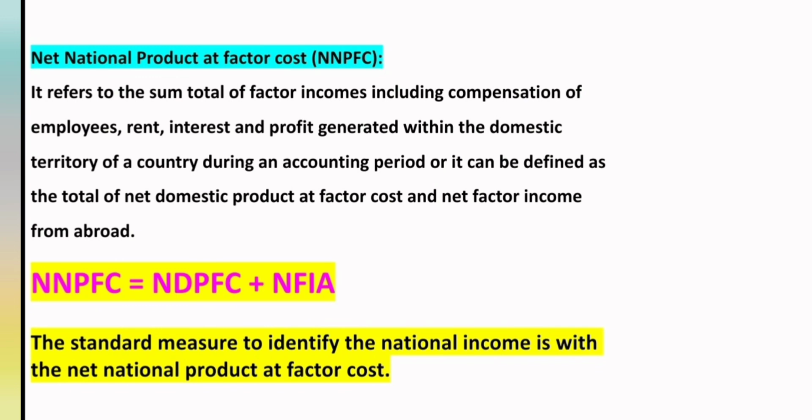So NNP at factor cost is equal to NDP at factor cost or domestic income plus net factor income from abroad, or NNP at market price minus net indirect tax. You will get NNP at factor cost.